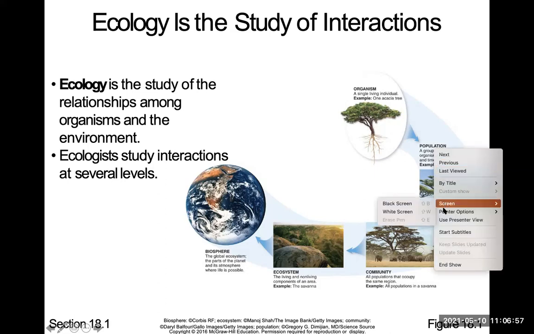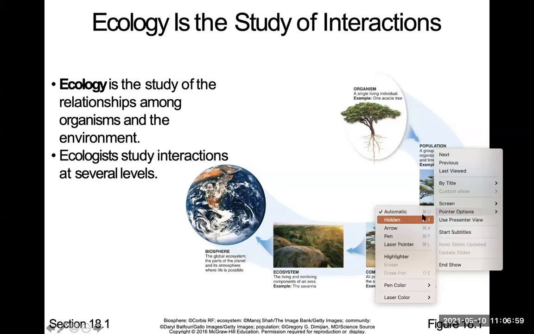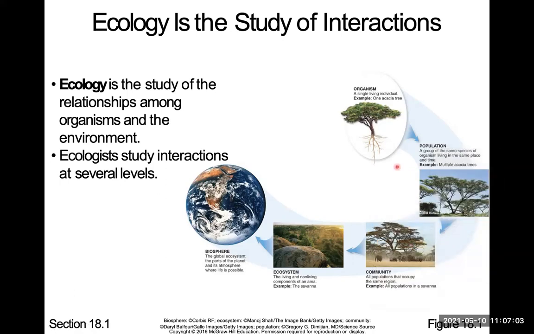Now you can have acacia trees in Africa, and you can have them in South America. They can be the same species, but because they're not found in the same area, they're still considered different populations.